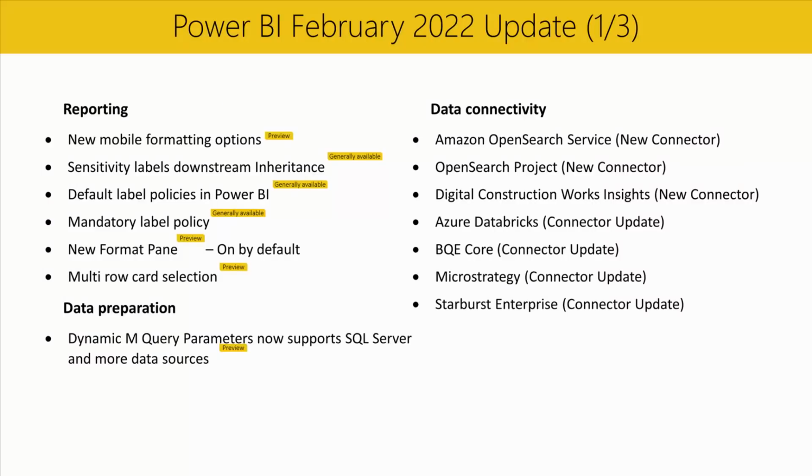In the Data Connectivity section, we have several new and updated connectors for you this month. First, we're excited to release the new Amazon OpenSearch service and OpenSearch project connectors. One of the key features of the OpenSearch engine is the Open Database Connectivity driver, which enables you to integrate various BI and analytics applications with OpenSearch.